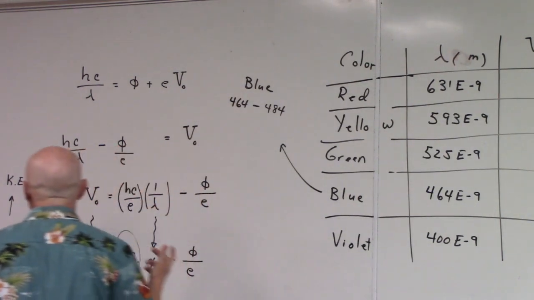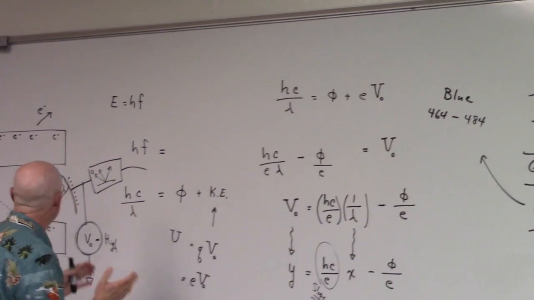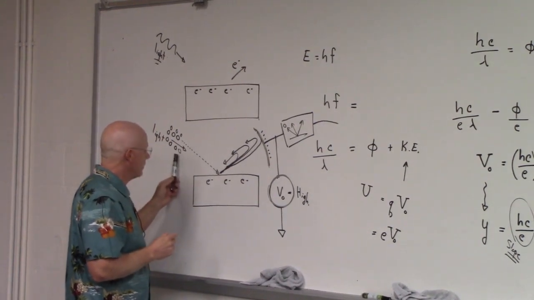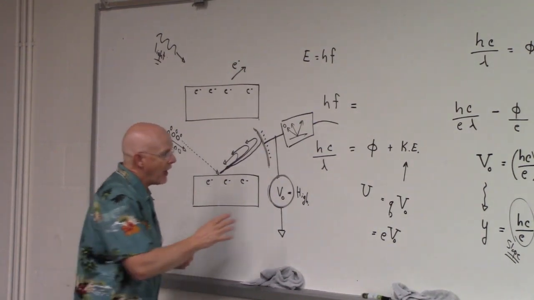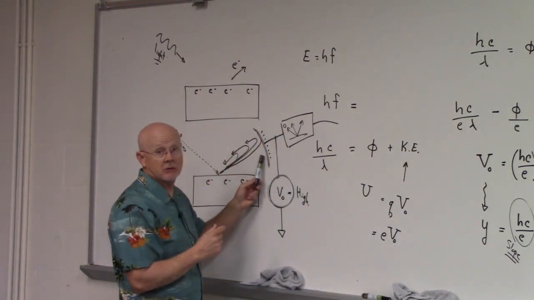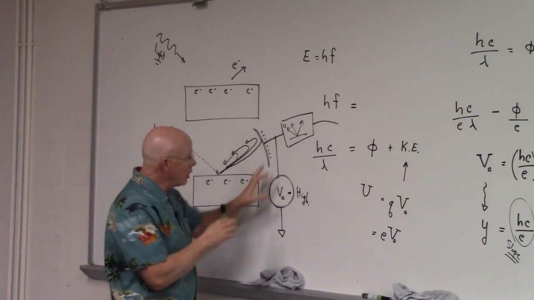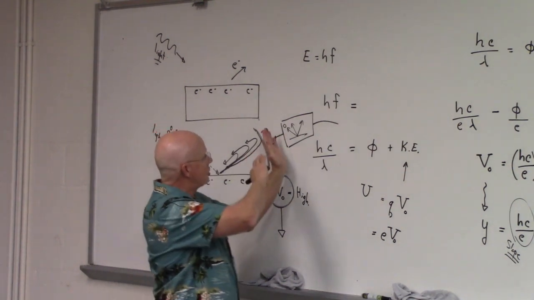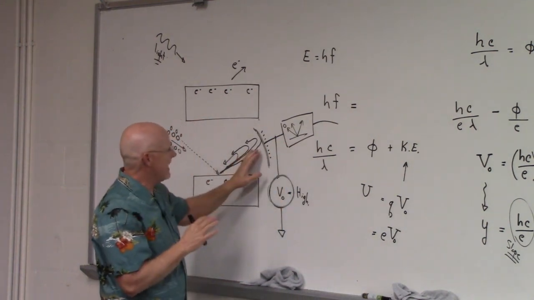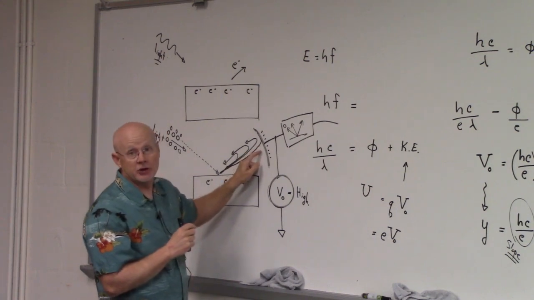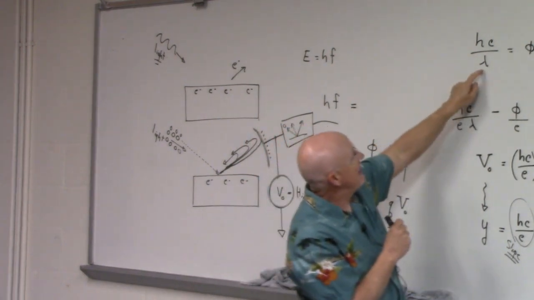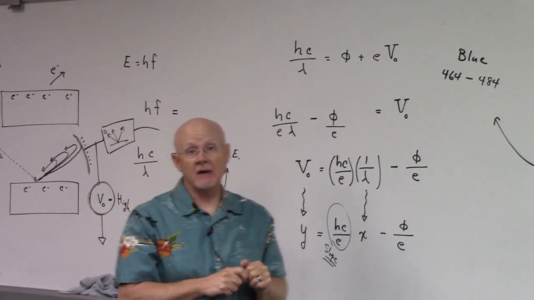And if you come back over to here, you can see that if you had a range of different wavelengths, that would give you a range of different kinetic energies. And if we're going to adjust our equipment so we just begin to see them, then the highest energy ones are the ones that are going to hit here first. And the highest energy ones are the ones that have the smallest wavelength.